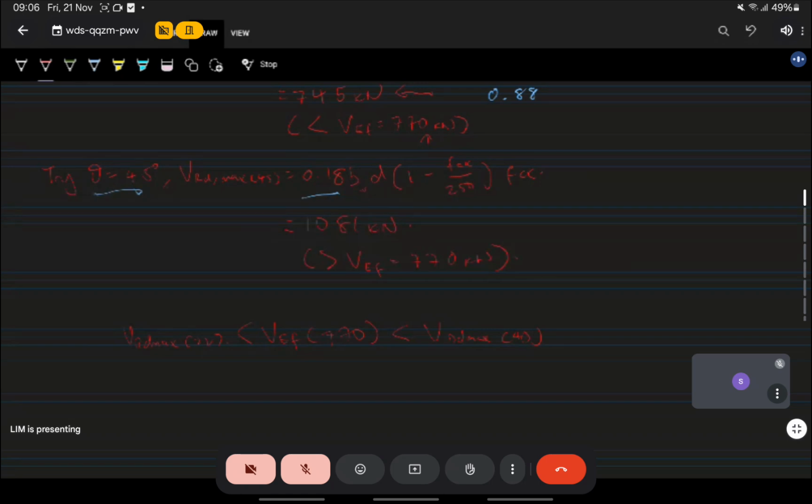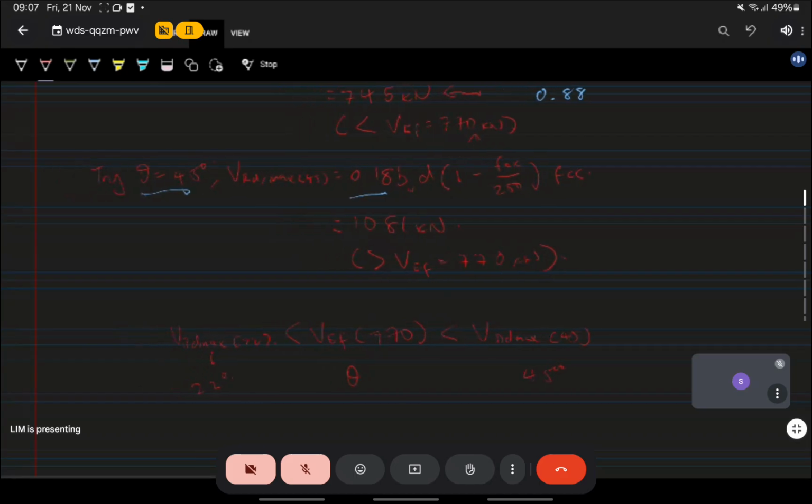So what that means is, this is assuming 22 degrees. This is assuming 45 degrees. So it's somewhere in between. So theta is somewhere in between 22 and 45. So you need to find the actual theta.